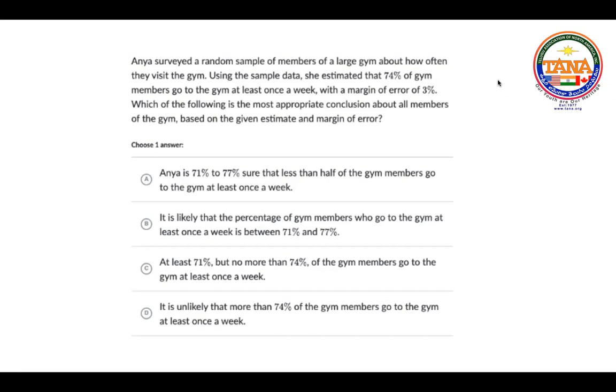Another 30 seconds. All right, so it looks like everybody who's answered this question has got it right. Do you guys want me to go over this or just move on to the next question?